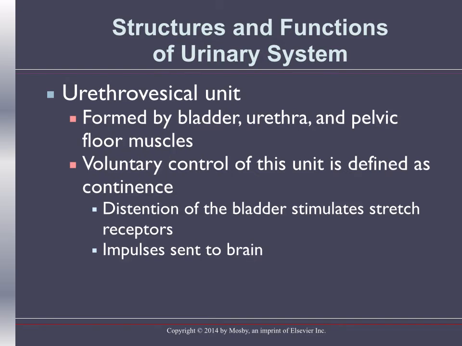Now, what is the urethrovesical unit? The urethrovesical unit is formed by the bladder, urethra, and pelvic floor muscles. And voluntary control of this unit is defined as continence. Distension of the bladder stimulates stretch receptors, and impulses are then sent to the brain. Now, the stimulating and inhibiting impulses are sent from the brain through the thoracolumbar and sacral areas of the spinal cord to control voiding.